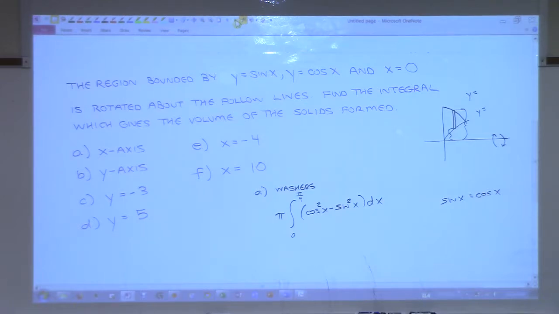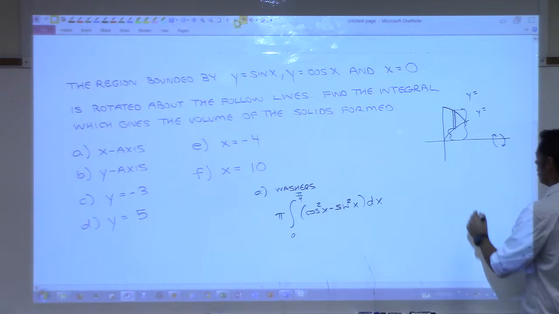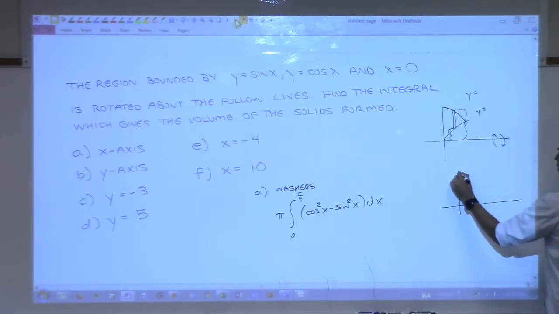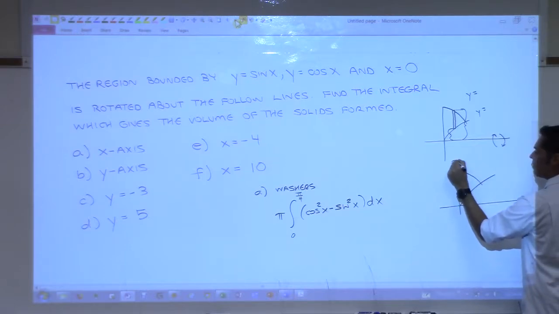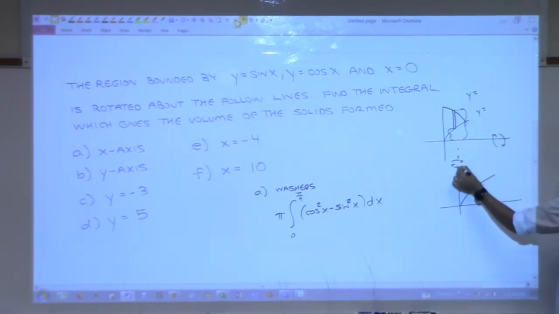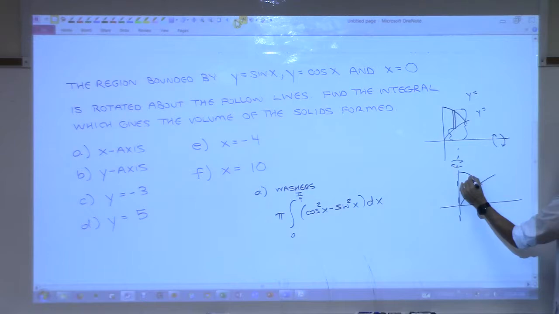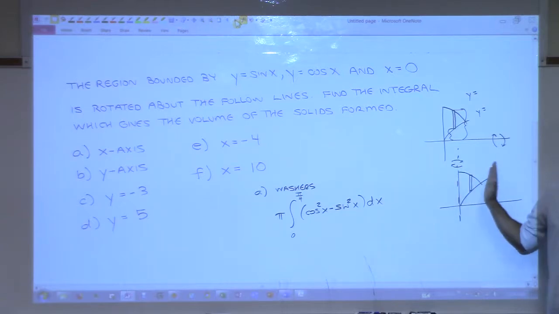Now, for part B, I want to rotate around the y-axis, which is here. My axis of rotation is here, and my rectangle is like this. I'm going to use shells because my rectangle is parallel to my axis of rotation.